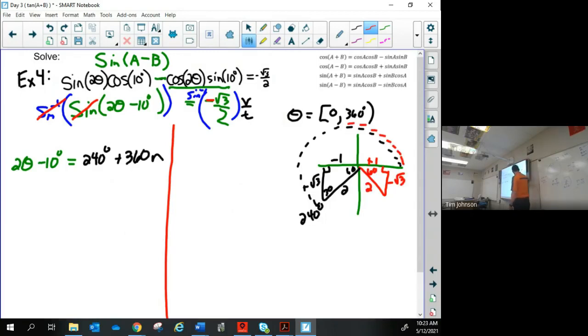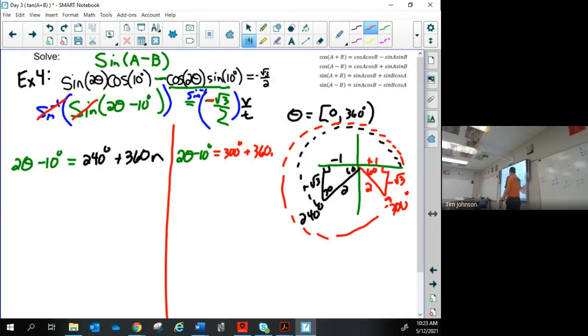But to get to that 60 right there, that is 360 minus 60, which is 300 degrees. So this is now the same thing, 2 theta minus 10 degrees, but we have to have 300 plus 360n then.